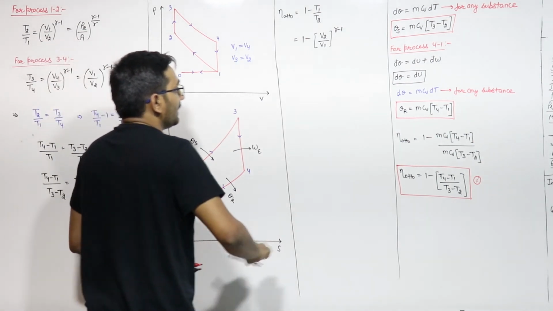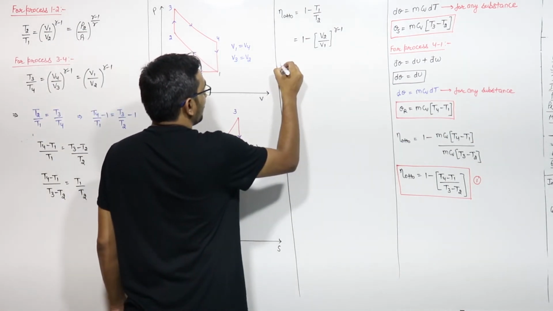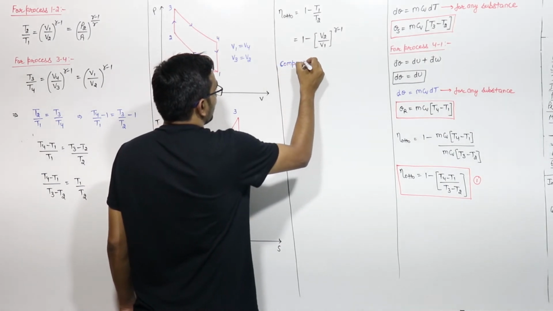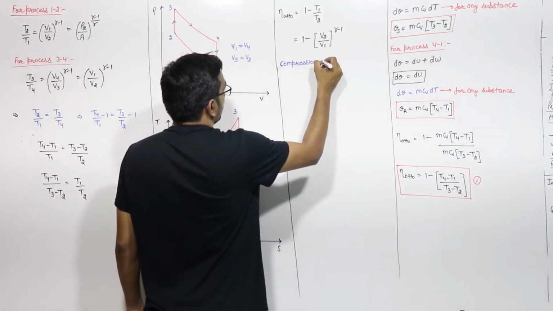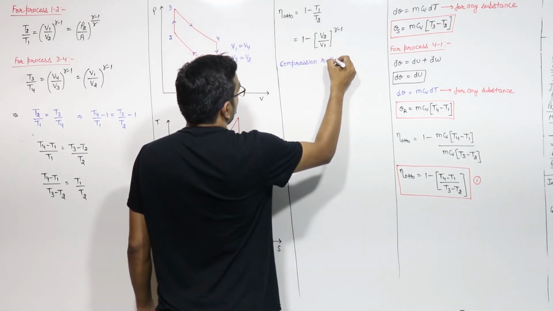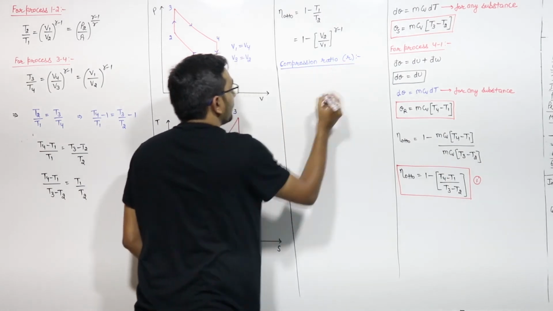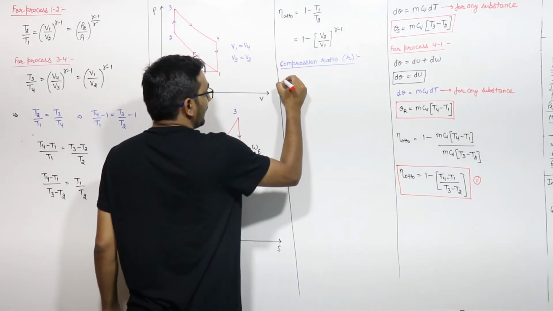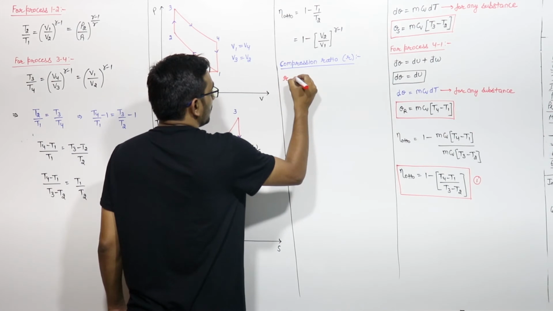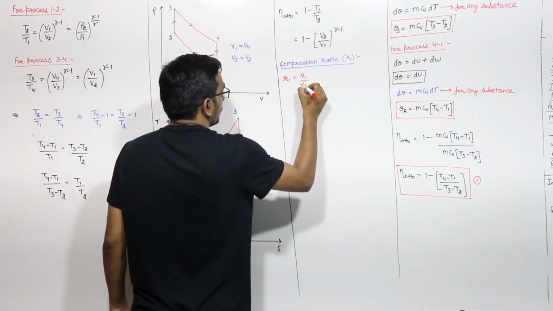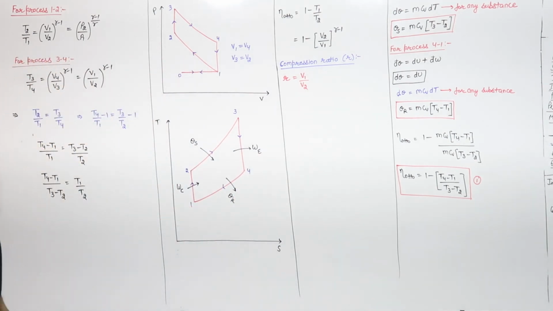Now we define a term known as compression ratio, as we discussed earlier also. Compression ratio R can be defined as V1 by V2, right?